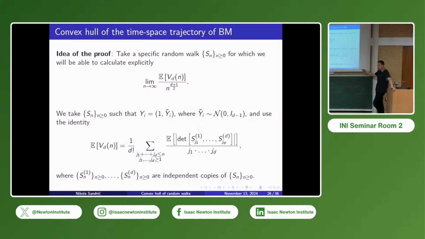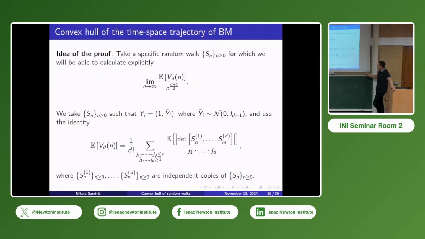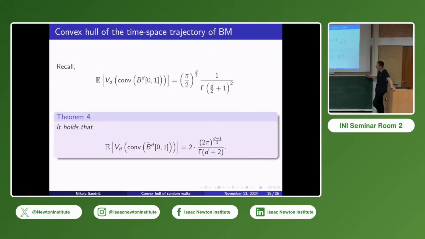Then, using the result by Vysotsky and Zaporozhets, the expected value of the volume of this walk can be written in this form. It is known that with this scaling it converges to this one. Now we are just left to compute this thing here, and this can be computed explicitly, because these are very nice normal variables. And one gets this thing here.